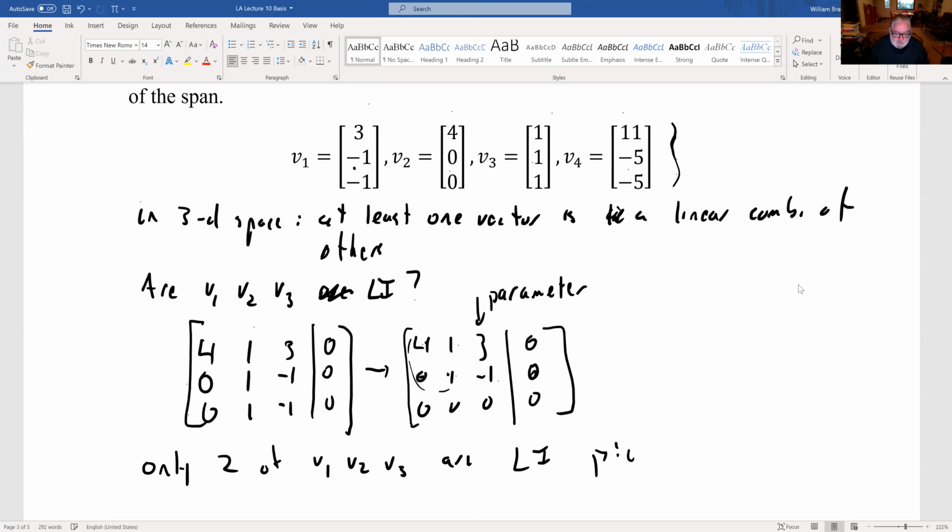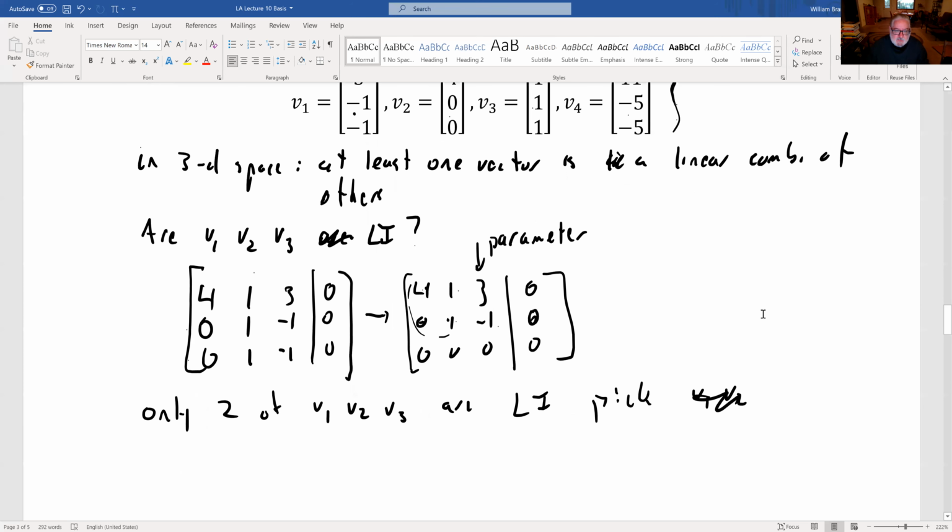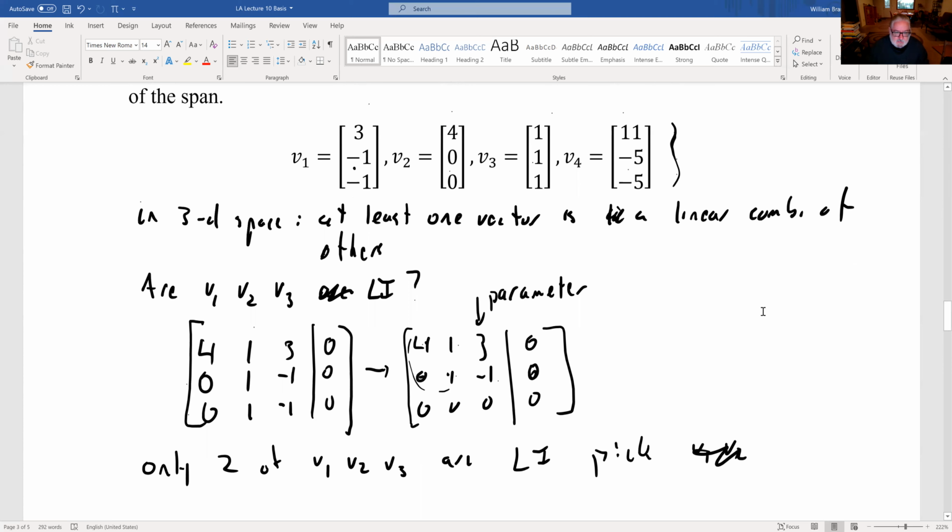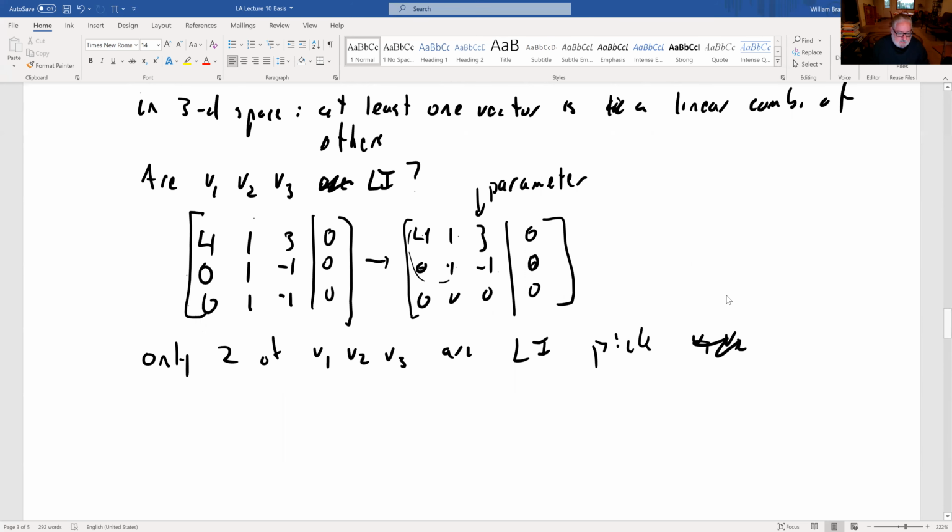And so we'll just pick 2 of them. And I'll pick v2 and v3 because they're easiest to deal with. So the span of v2, v3 is equal to the span of all 4 of them.